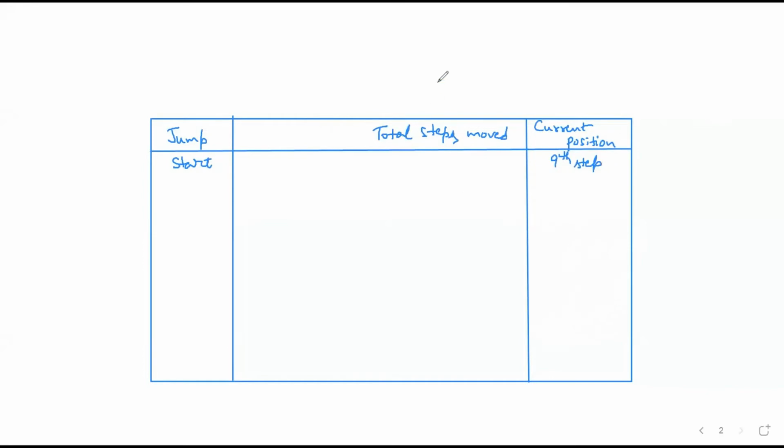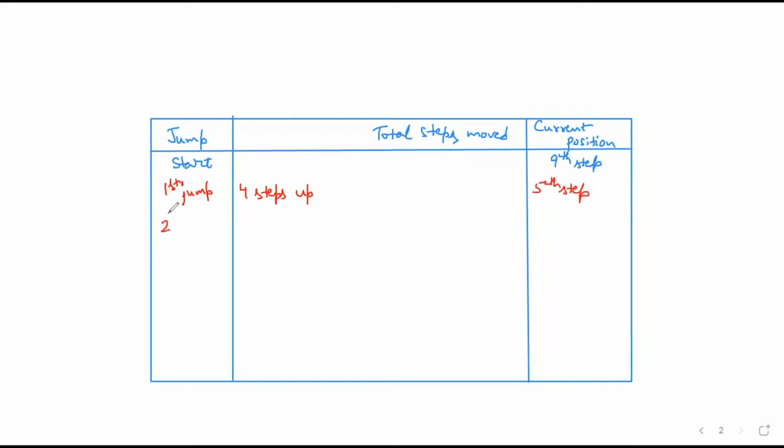Now first jump. When monkey would take first jump, what he is doing basically is taking 4 steps up. So 4 steps up means 9th step पे है, 4 steps ऊपर गया means he will reach to the 5th step.